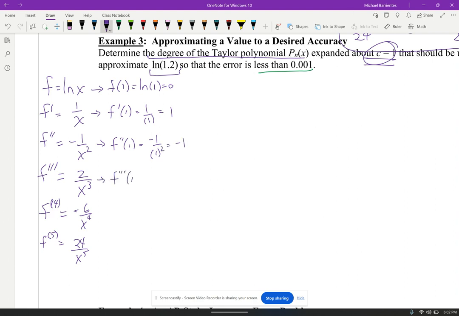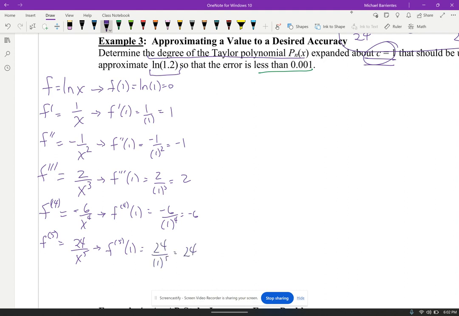And we continue to substitute 1 into each of these derivative formulas. We're trying to see what kind of coefficients we're going to get when we use the Taylor polynomial. Negative 6. And the fifth derivative would be positive 24.